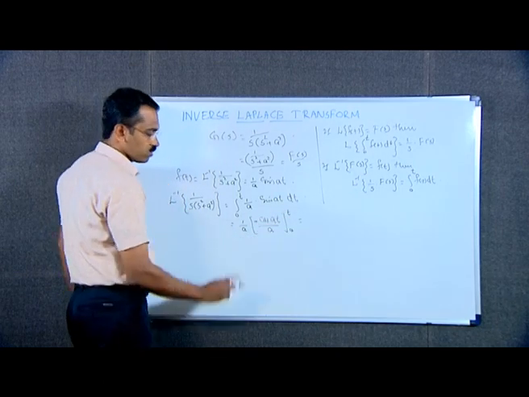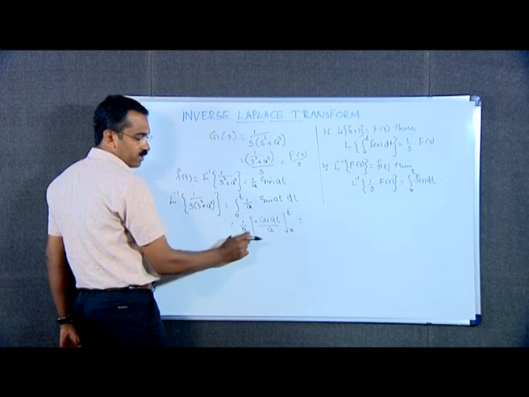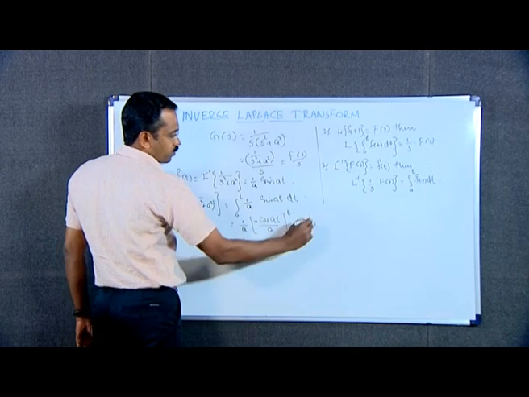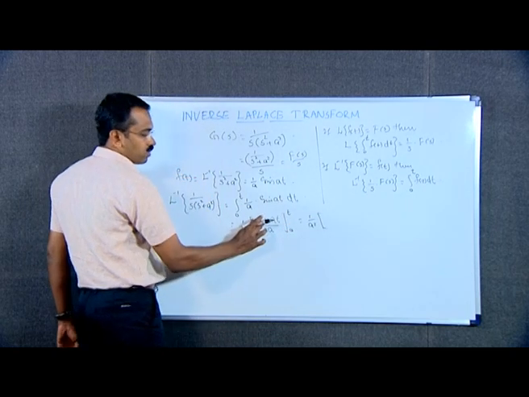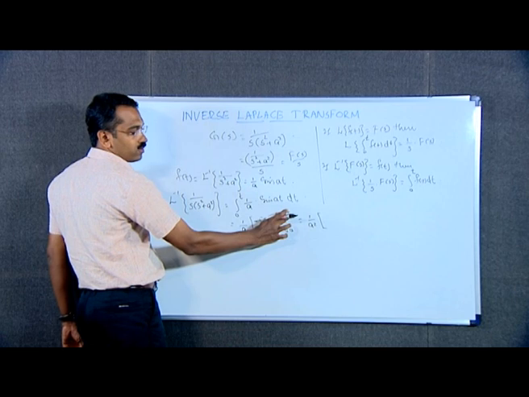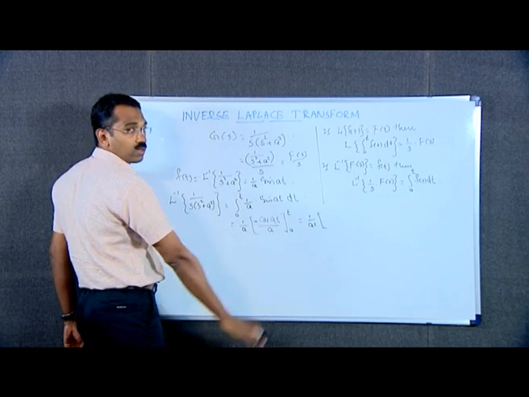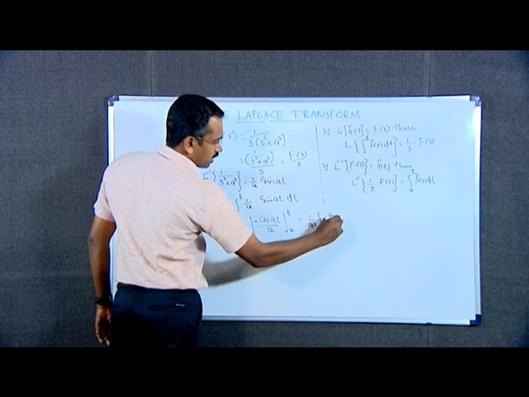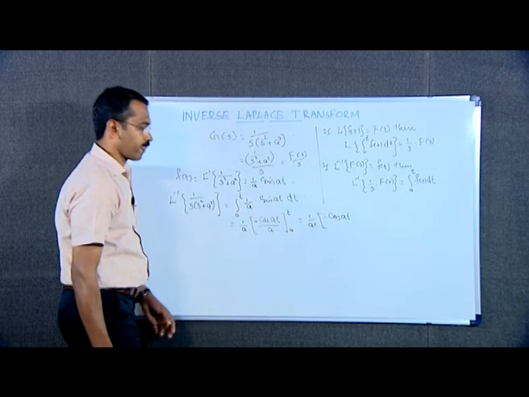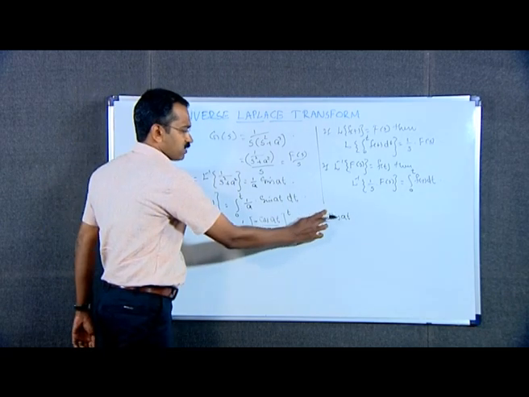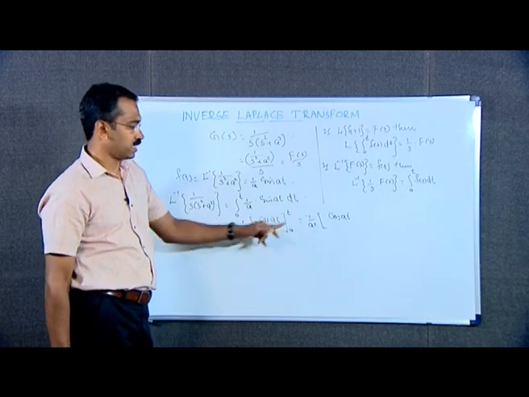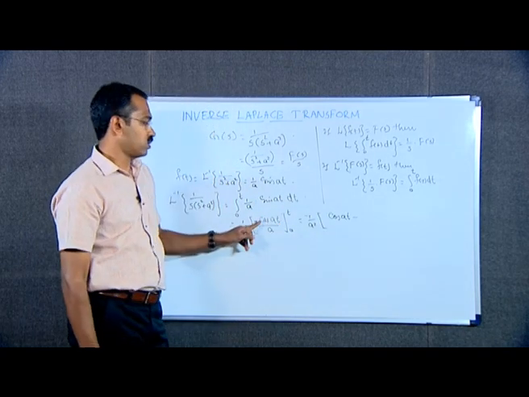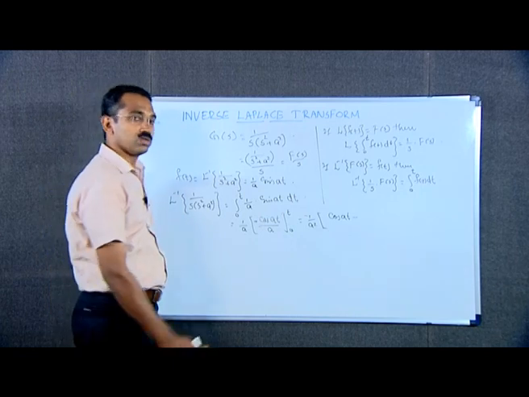That is equal to 1 by a into a in the denominator, that is 1 by a square, into, when we use this upper limit, we get minus cos at itself. This negative sign can be taken outside. Therefore, cos at minus, when t equal to 0, this will become 1. Cos 0 is 1.